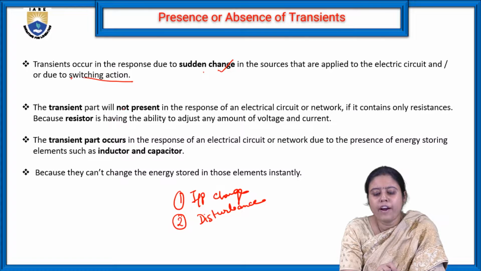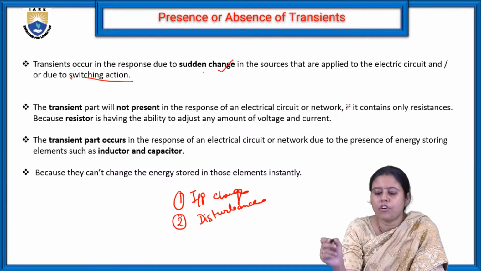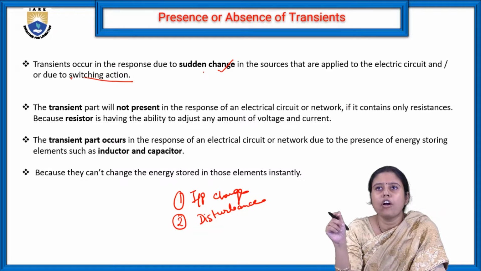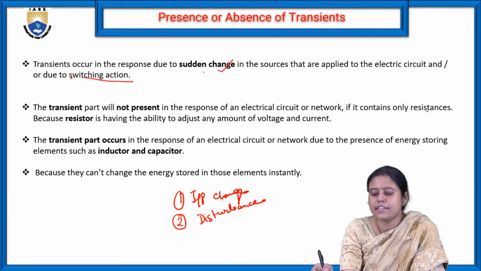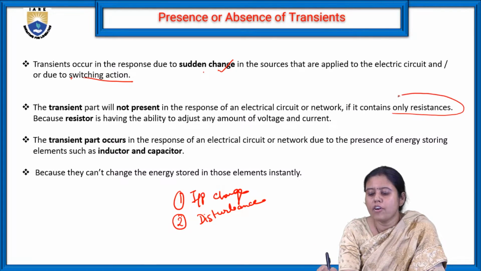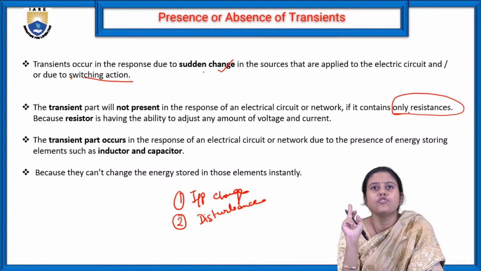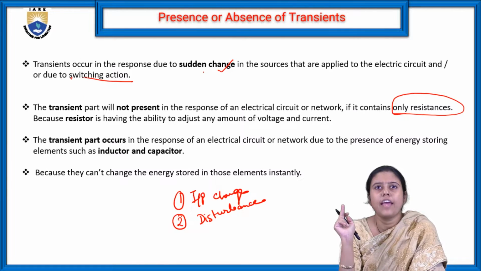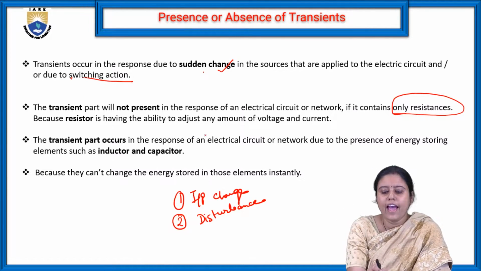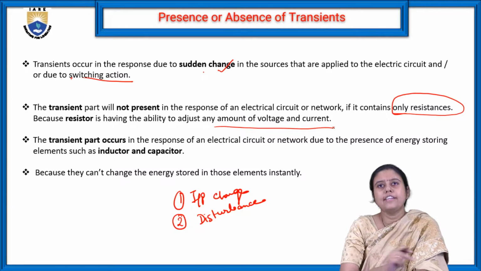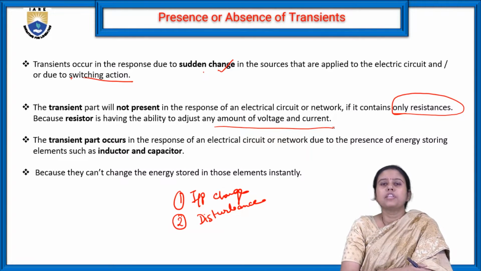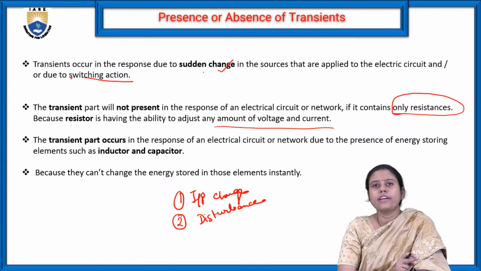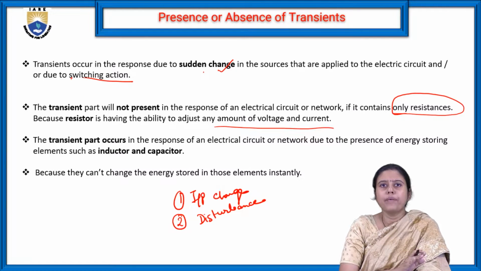The transient part will not be present in the response of an electrical circuit or network if it contains only resistance. If it contains only resistance, there is no presence of the transient, because a resistor has the ability to adjust to any amount of voltage and current. And one more thing: when will the transient be present?